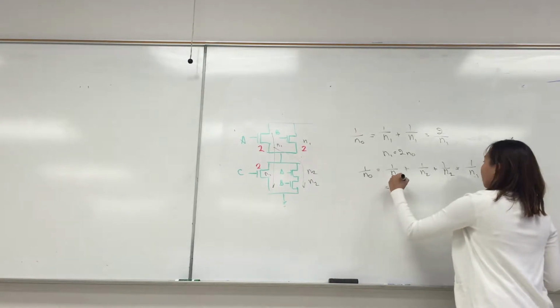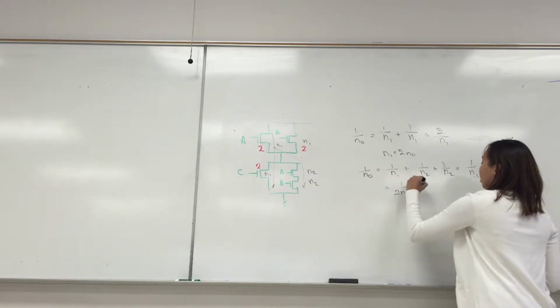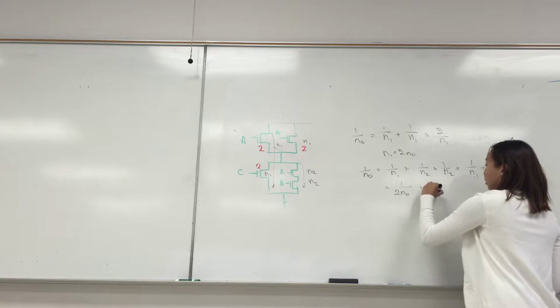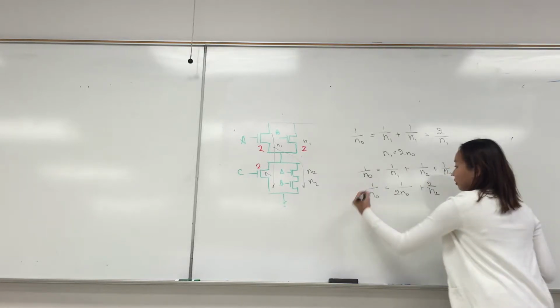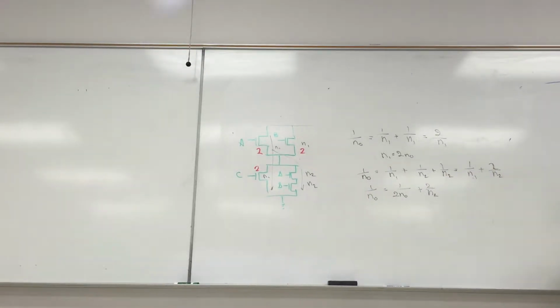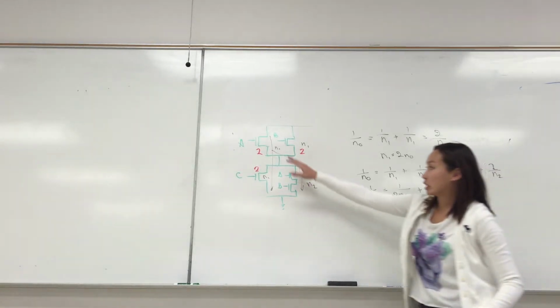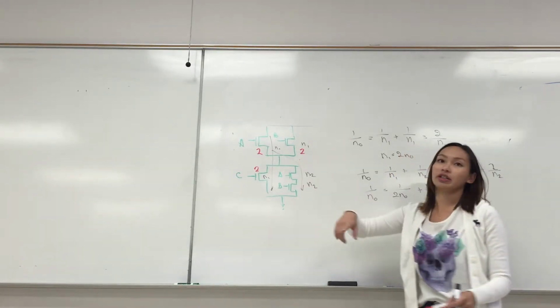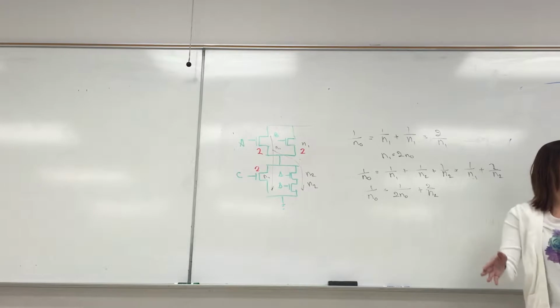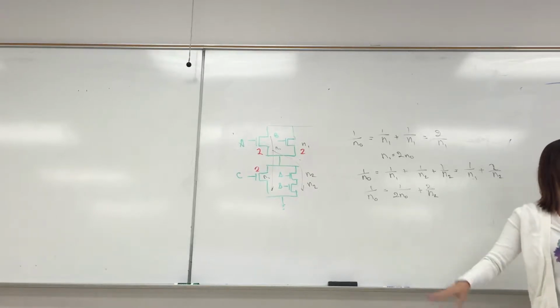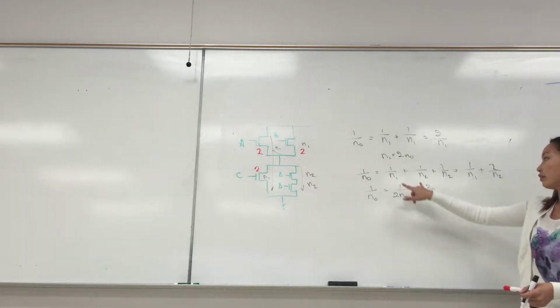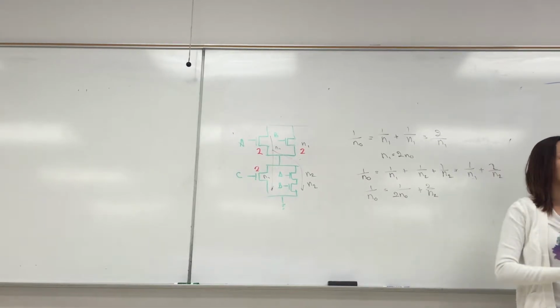So then it's going to be 1 over 2N0 plus 2 over N2, 1 over N0. If you try to solve for this one first, you'll notice that you're stuck in terms of N1, so you have to use another equation to solve for N1 in order to solve everything else. Or else you've got 2 unknowns in one equation.